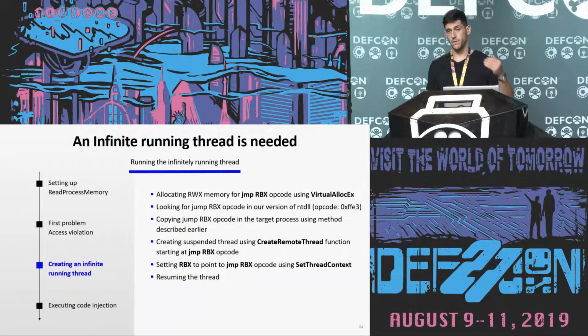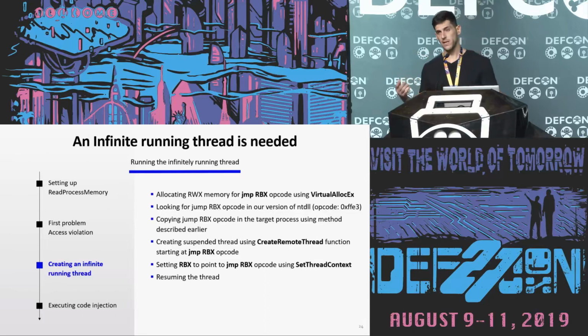So what we're going to do is allocate memory for jmp RBX. Then we will look for the jmp RBX opcode in our NTDLL version in the injecting process. We will copy it using the method described earlier to the target process. Then we'll create a remote thread that is suspended, and it's going to point to the jmp RBX that we just copied.